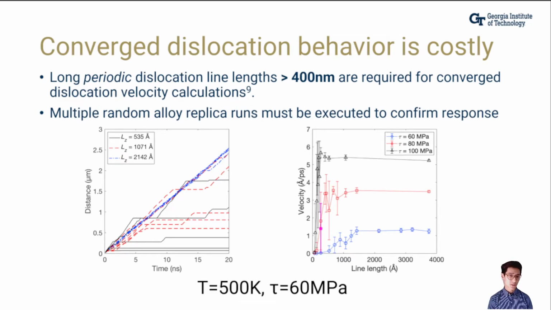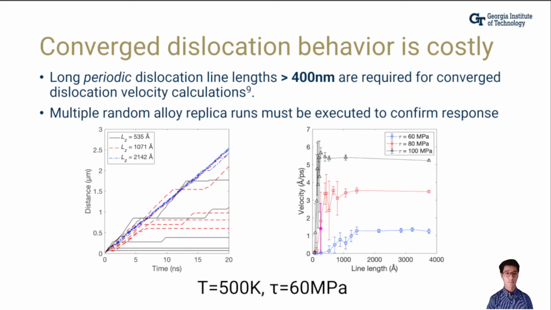The authors discovered that a minimum periodic dislocation line length is required to get converged behavior. Below this minimum line length, there is a start-stop displacement due to pinning along the dislocation line that can be observed in the figure at the bottom left.